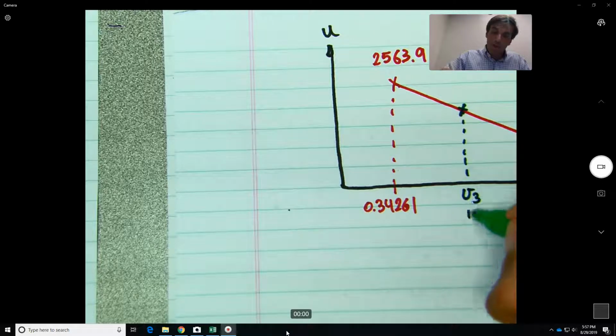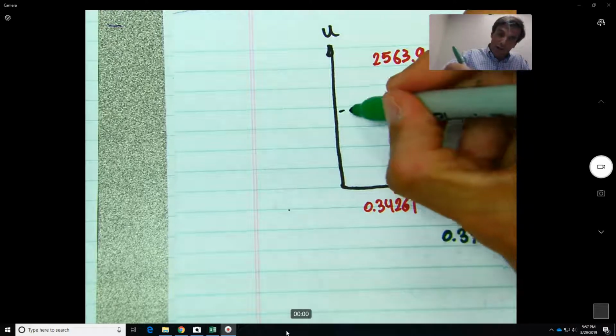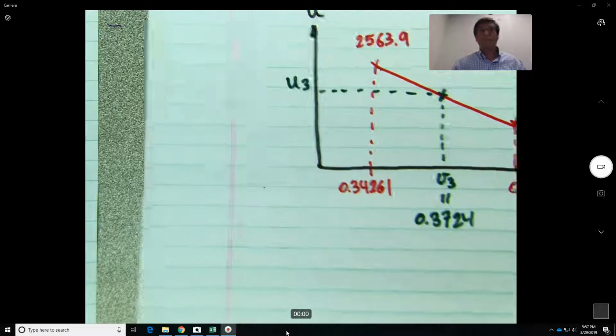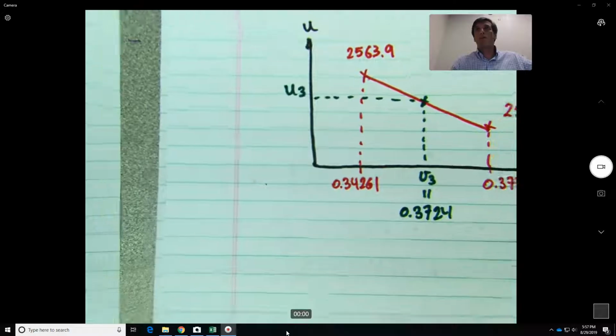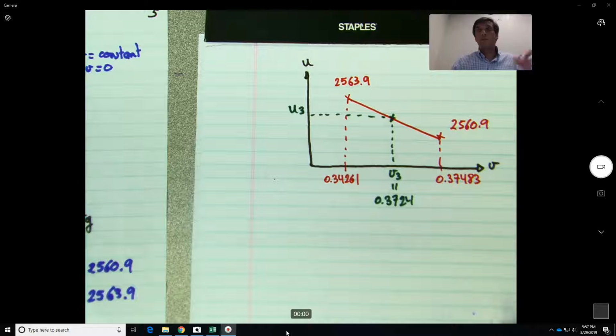At V3, which is equal to V2, that we say was equal to 0.3724. And this will correspond here to the value U3. Let me zoom out, sorry for that. Okay.